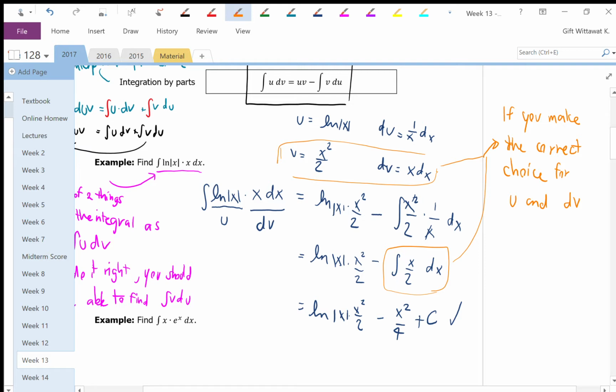The gut will tell you what is u and dv. However, sometimes when you do it at first, you might have to try out to see what is u and what is dv. If you make the right choice, then v and the integral of v du will be easy to find. So typically, that's one of the difficult parts, or one of the key ideas, when you try to use integration by parts.